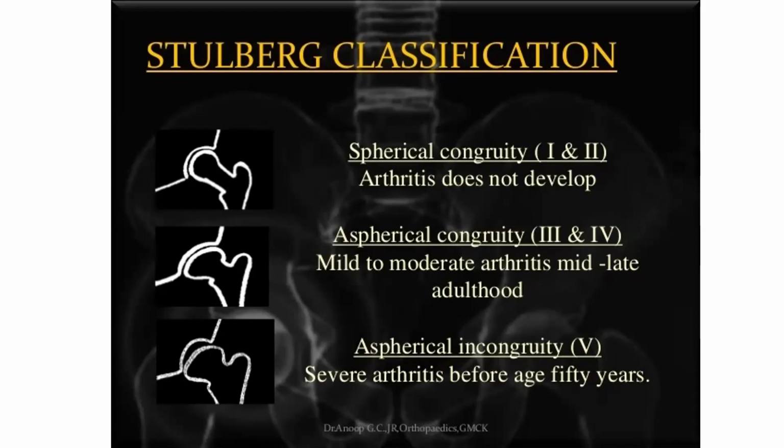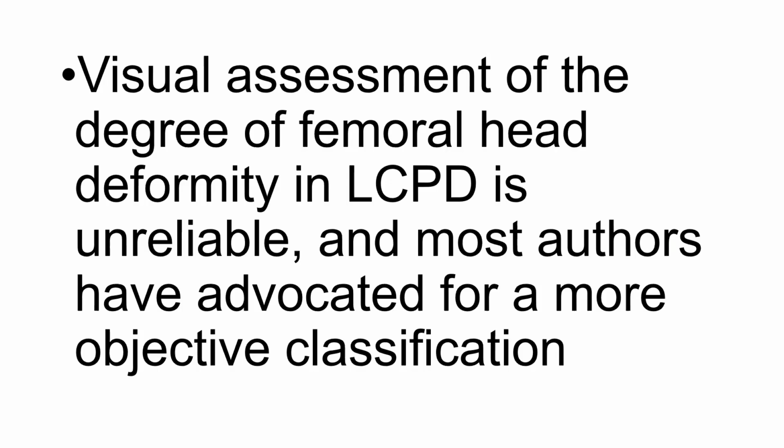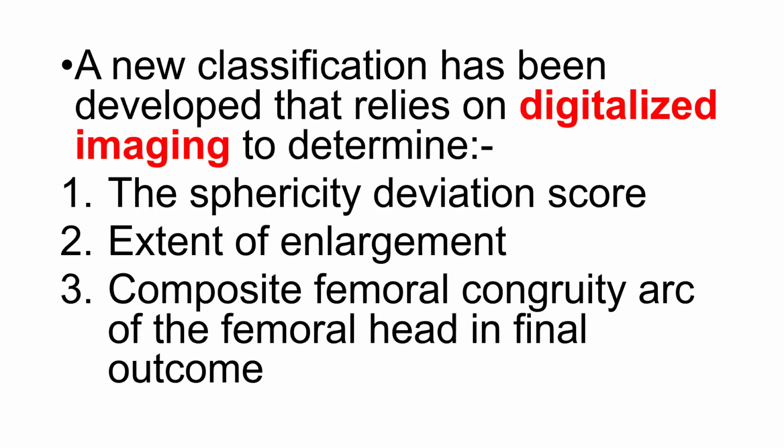Visual assessment of the degree of femoral head deformity in Legg-Calve-Perthes disease is unreliable, and most authors have advocated for a more objective classification. A new classification has been developed that relies on digitalized imaging to determine the sphericity deviation score, the extent of enlargement, the composite femoral congruity arc of the femoral head in final outcome.